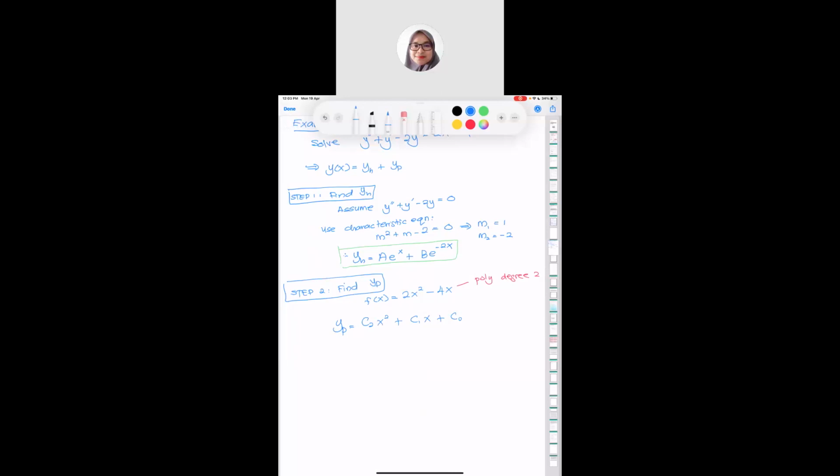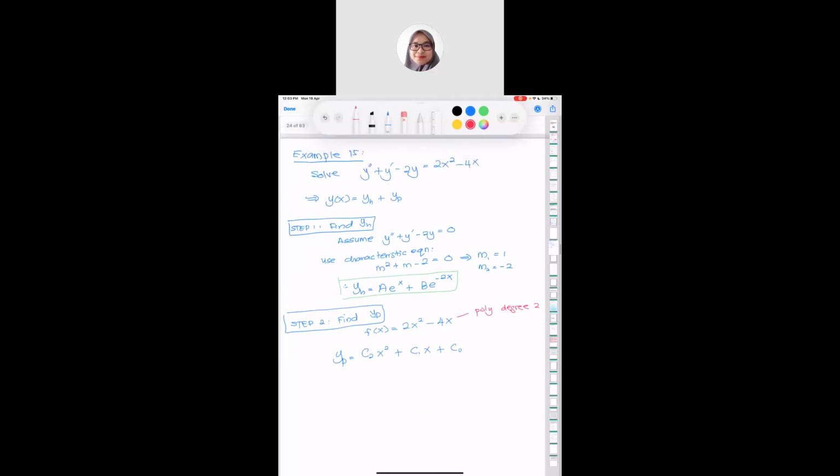Kita sebenarnya nak masukkan YP kita dalam equation 1. So this is the first equation. Tapi sebelum kita differentiate, kita kena differentiate, betul? Sebelum kita differentiate, compare. You need to compare YP yang you pilih dengan YH.